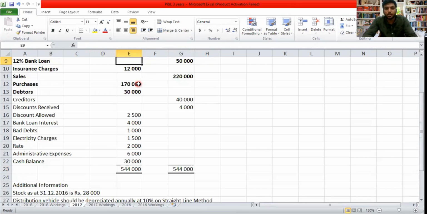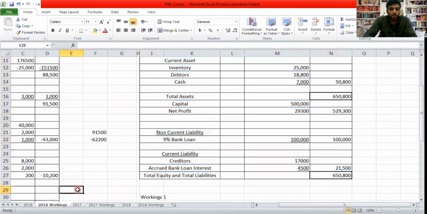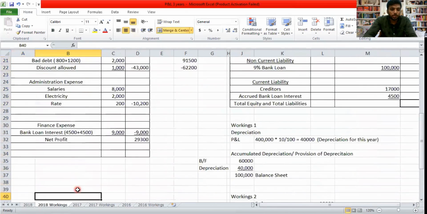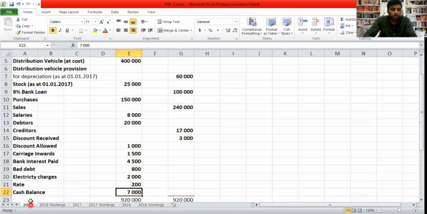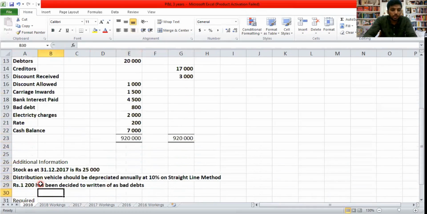On the previous sum, we had a bad debt on the 2018 paper, an additional expense of 1,200. This 1,200 I added with the bad debt 800, so I got 2,000. That is the previous sum. But this 1,200 only I deducted from the debtors 20,000.